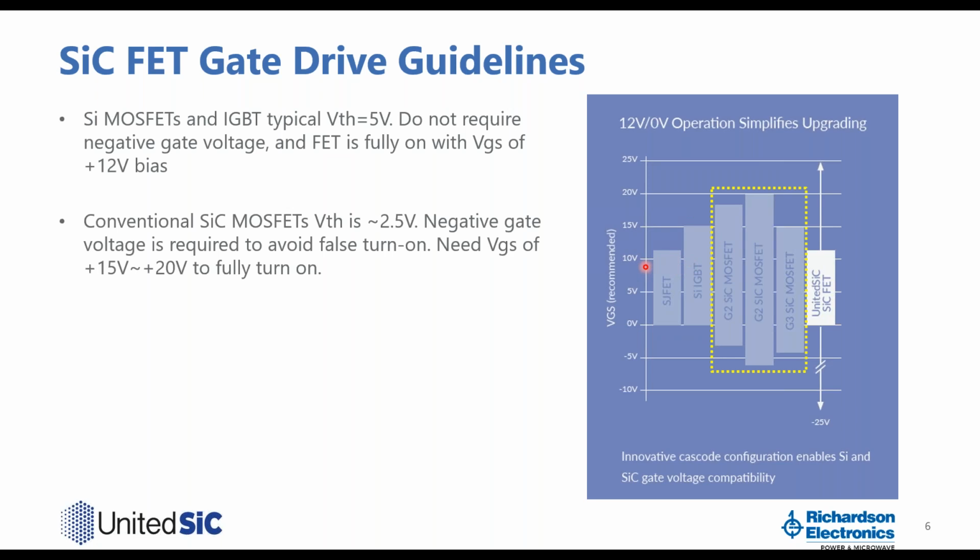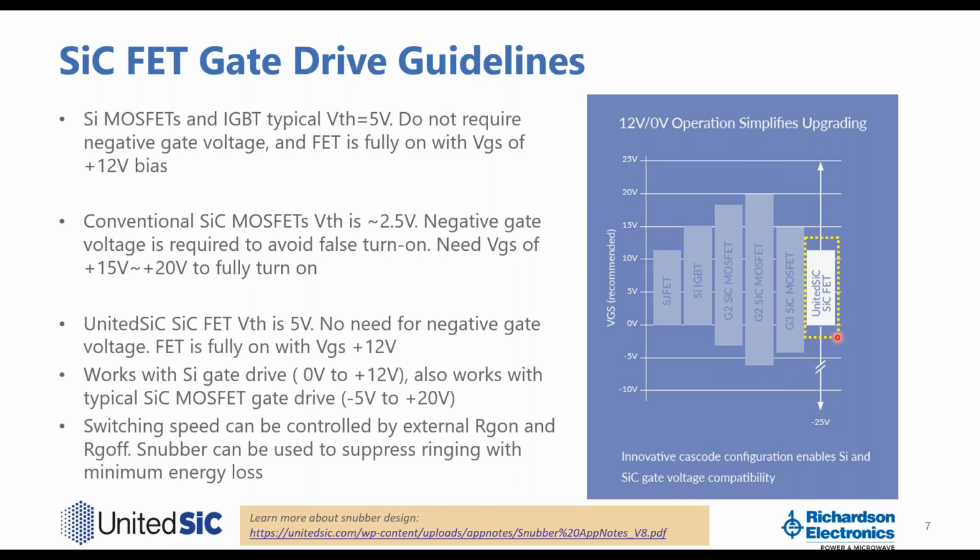Now, the conventional silicon carbide MOSFET, the threshold is lower. It's usually about 2.5 volts. And as a result, typically they require minus 5 volts to make sure the device stays off. And another thing is, to achieve the lowest possible RDS(on), it is required to drive the VGS to plus 15 to 20 volts.